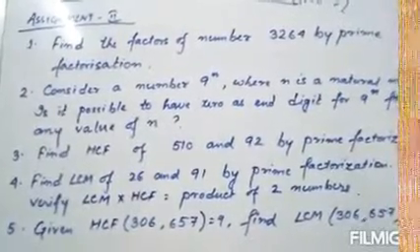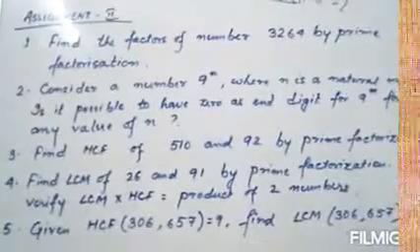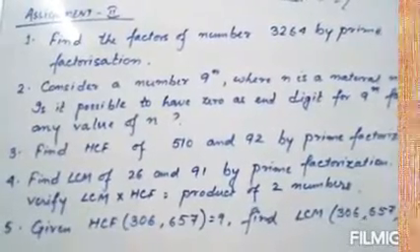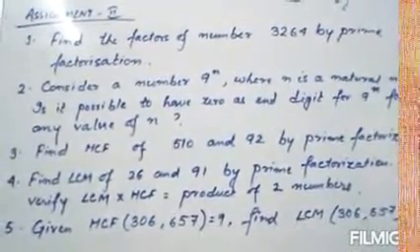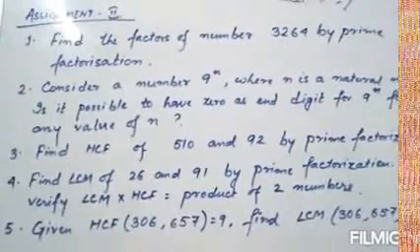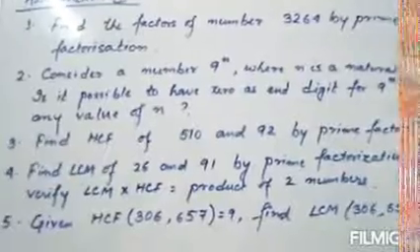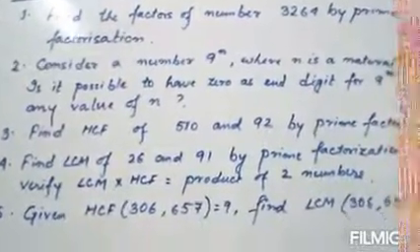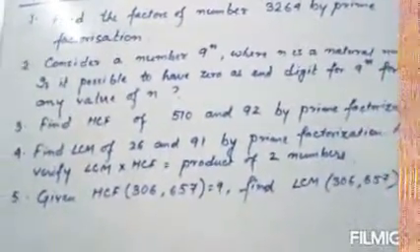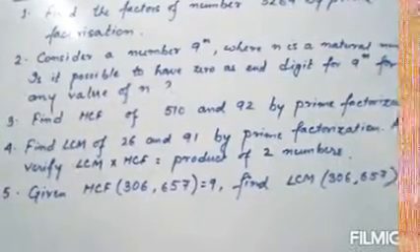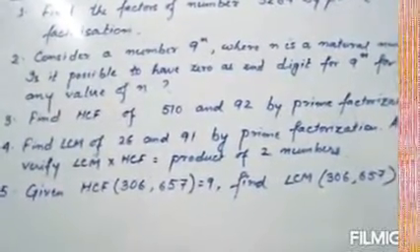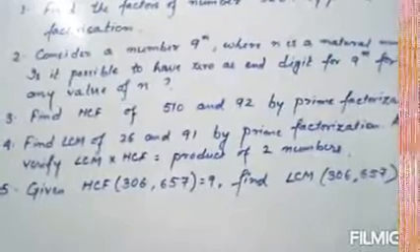Consider a number 9 to the power n where n is a natural number. Is it possible to have 0 as the last digit of 9 to the power n for any value of n? Just as I have shown for 4 to the power n, similarly you have to find the base, and then proceed forward. Okay.